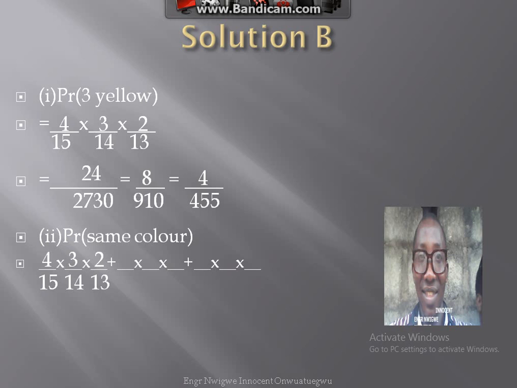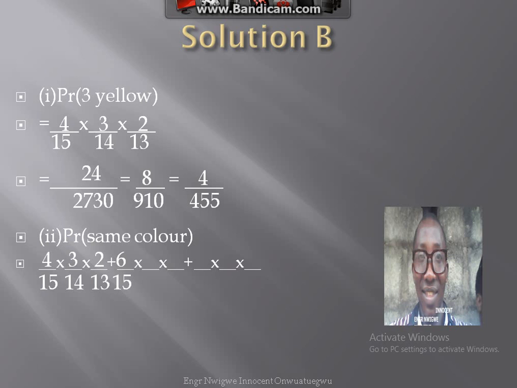Plus, we have 6 red balls. The red balls are 6. To get the color picked 3 times at random, you have 6 over 15.